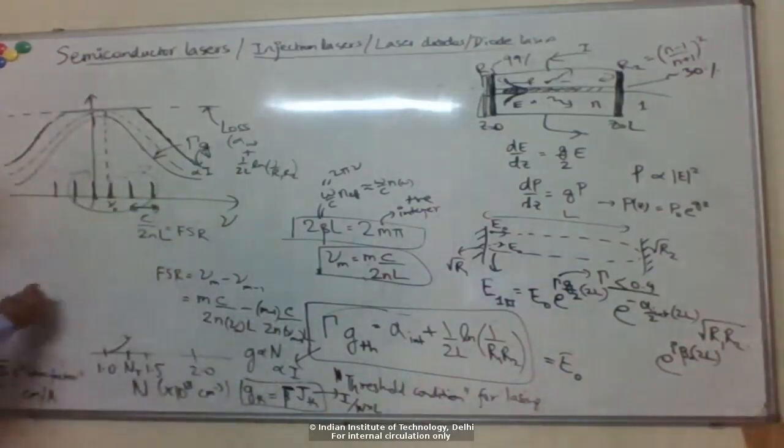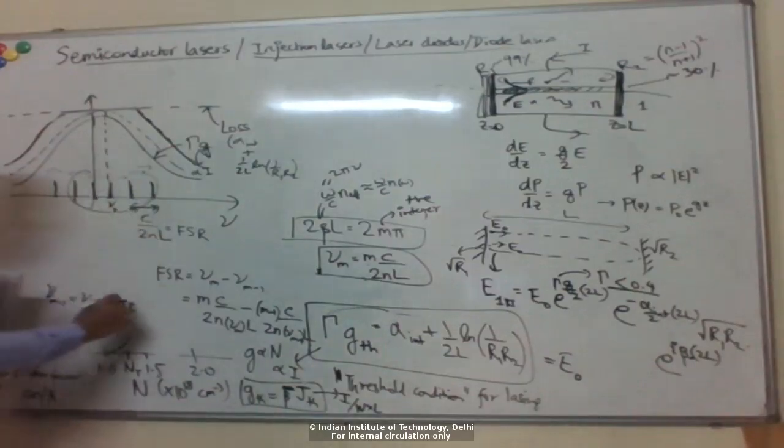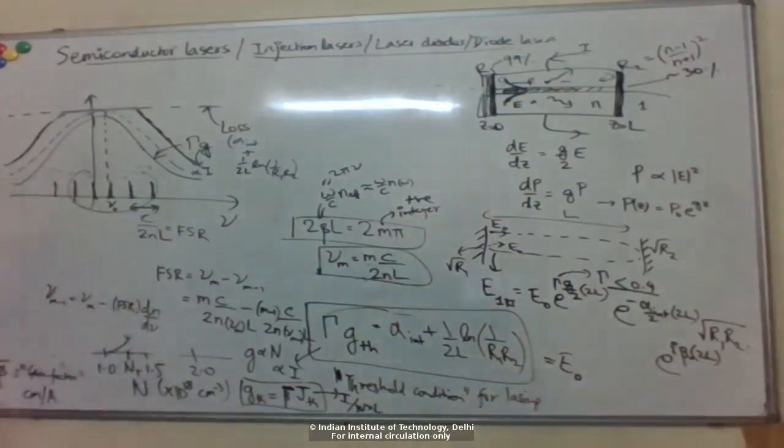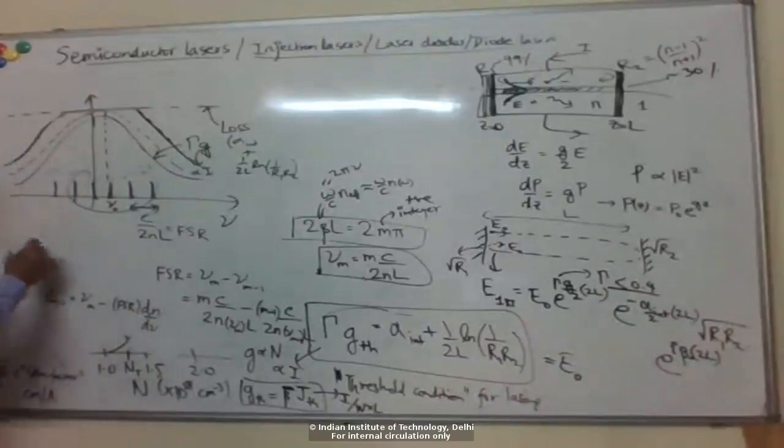When you do that, nu m minus 1 will be something like nu m minus this FSR, the difference in frequency here, times dn by d nu. So this looks something like the group index.